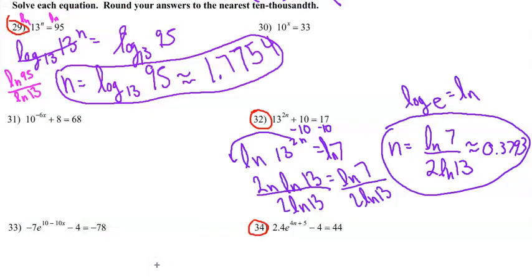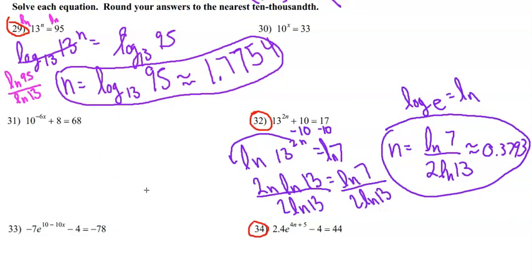A lot of times they prefer you to use ln's. ln has one less letter than log. Also, a lot of calculators don't let you put specific bases in, and they'll only let you have either 10 or e. So it's good to know both methods.